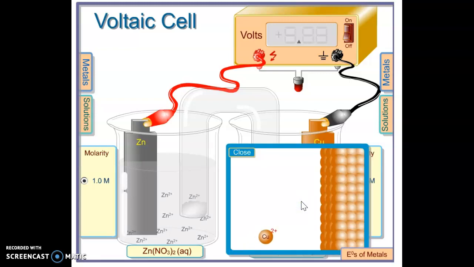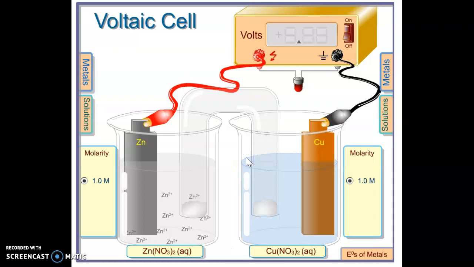On the other side, we got our copper. We have these copper 2+ ions floating around in our solution. They interact with those electrons to form a solid and then attach to our solid copper here. This will see an increase in size as time goes on.